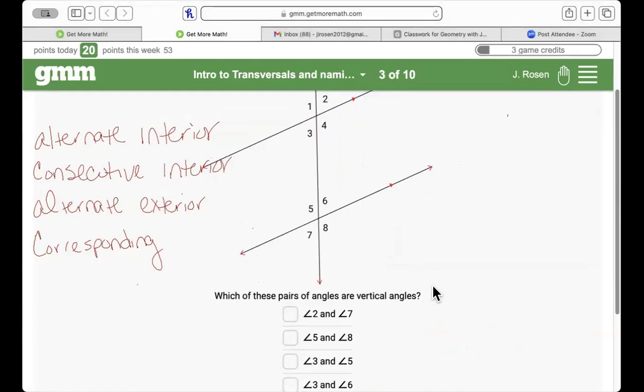2 and 7. 2 is up here, 7's out here. That is going to be alternate exterior. 5 and 8 are right here. Those are vertical. 3 and 5, that is same side or consecutive interior.